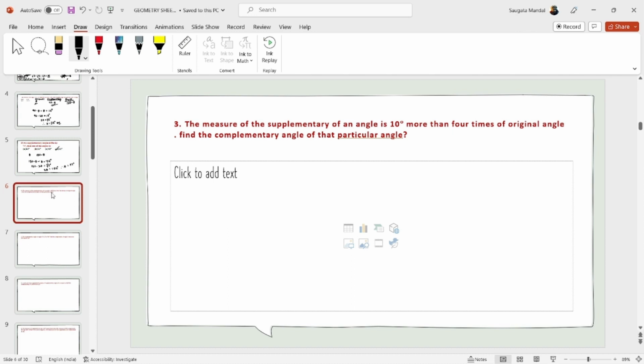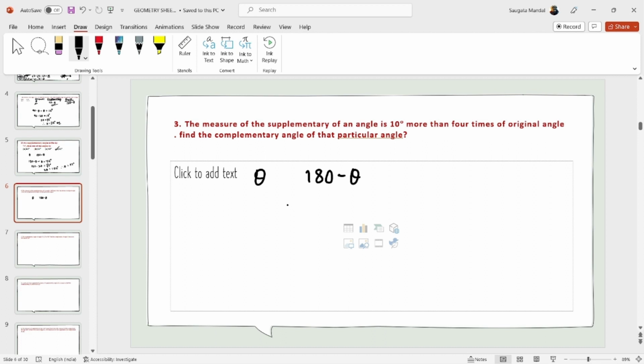Now move on to the next question, question number 3. The measure of the supplementary angle is 10 degree more than 4 times the original angle. Suppose the angle is theta and the supplementary angle is 180 degree minus theta.